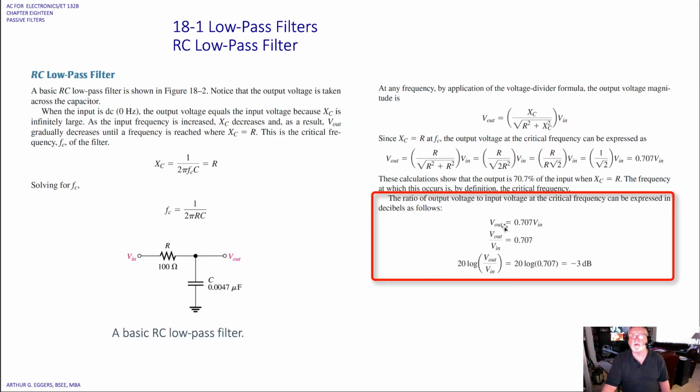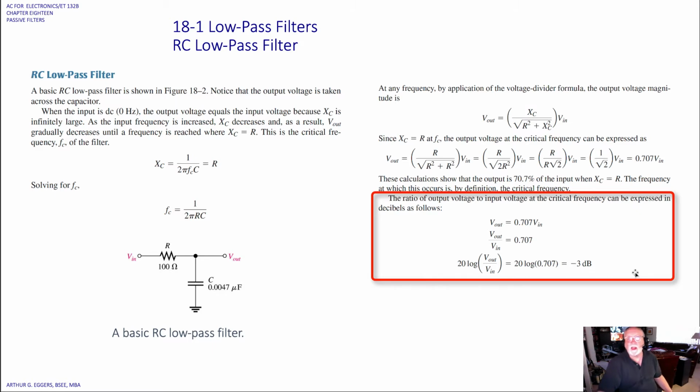So now we go back to our decibel relationship for voltage. Voltage out is equal to 0.707 times voltage in. Since V out over V in then equals 0.707, we can substitute that into our relationship for the ratio of V out over V in, and we have 20 times the log of 0.707, and here now we see where we come up with our negative 3 dB as the response.